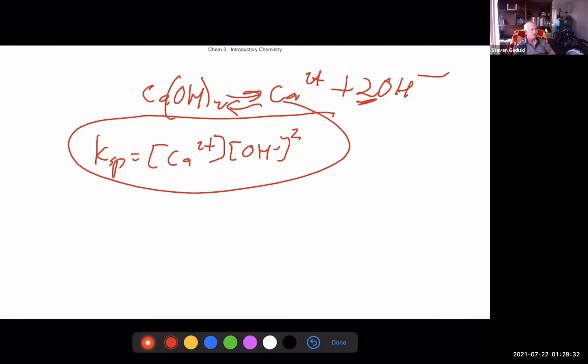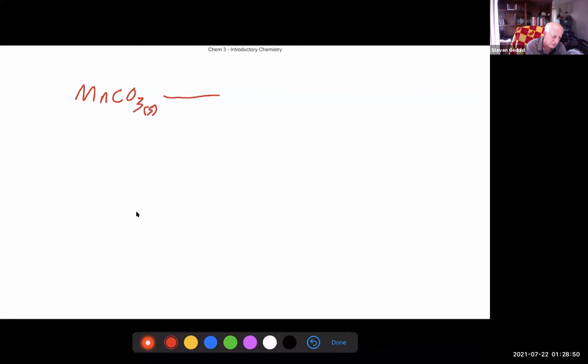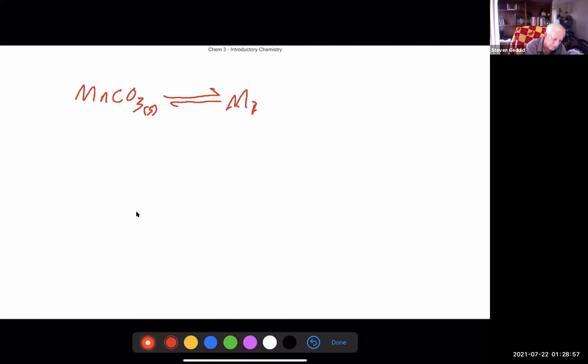Okay. So let's say we had manganese carbonate, manganese 2 carbonate. Let's do that one. It's example 13.8 in your book. So MnCO3, manganese 2 carbonate is a solid. Okay, and it dissolves into manganese and carbonate.